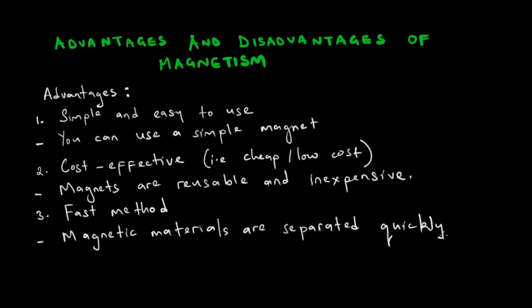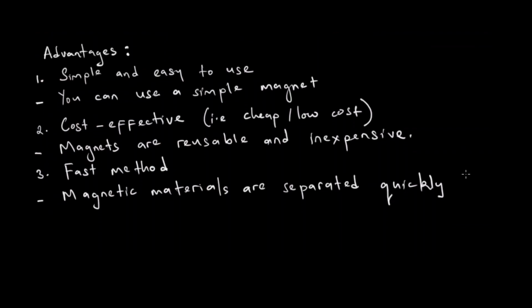It's a fast method, a quick method. Why? Magnetic materials are separated quickly. Here we can elaborate a little: almost instantly. The process is actually instantaneous.